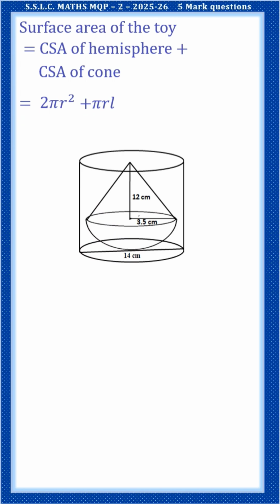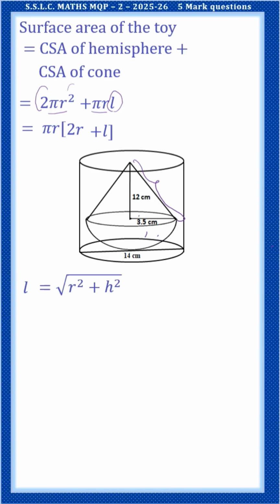Here pi r is common. Take it outside. Inside the bracket, 2r plus l. But we don't know l. l is the slant height of the cone. How can you calculate? You know that l is equal to square root of r square plus h square. Substitute the values: 3.5 square plus 12 square.